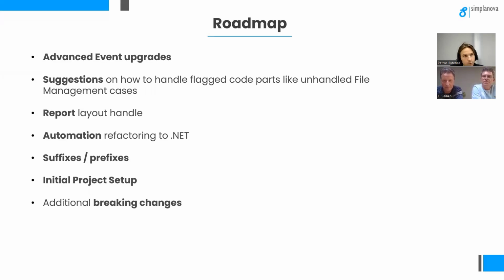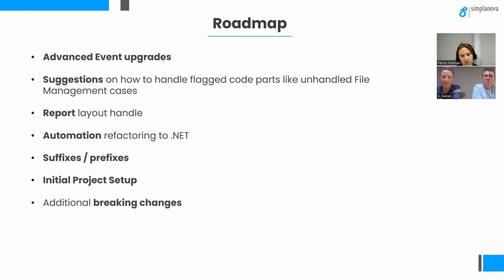We are continuously improving this tool. I don't see options to enums here, maybe because we concluded that in the latest release, but I will double check that. But what we're working on now is suggestions, first of all, on how to handle some code parts which we don't see how we can handle automatically with the tool.